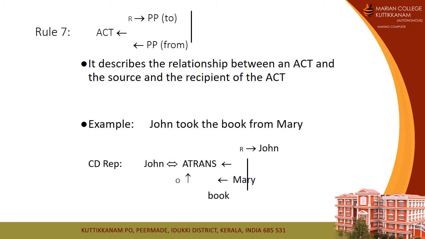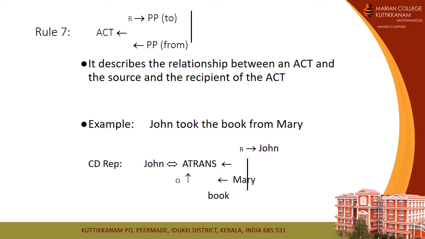Seventh rule, it describes the relationship between an act and the source and the recipient of the act. So it shows the relationship between the act and two picture producers. Usually it is from source to destination. John took the book from Mary.